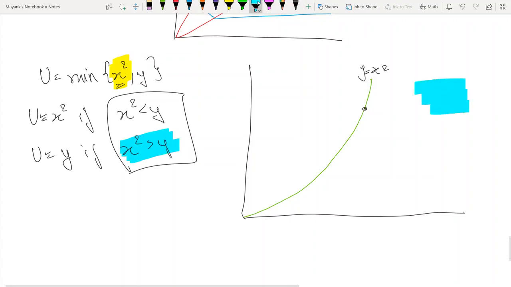If x square is greater than y, the function will report y. Now when it reports y, what will the ICs look like? All points with a constant y will be at the same utility level. So horizontal lines.